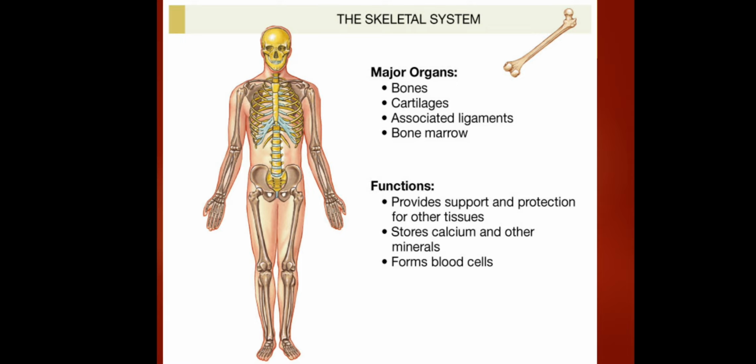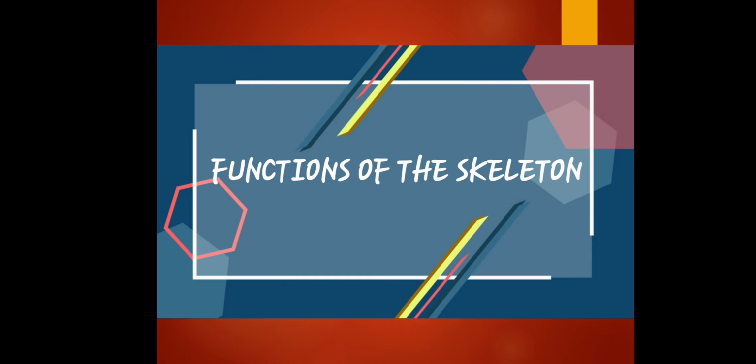The answer is that our bones store calcium for your blood and cells. If your body doesn't get enough calcium, which can be found in some food and drinks, it takes it from your bones. That is why a major function of the skeletal system is storing calcium and minerals. Okay, let's now proceed to the other slide.